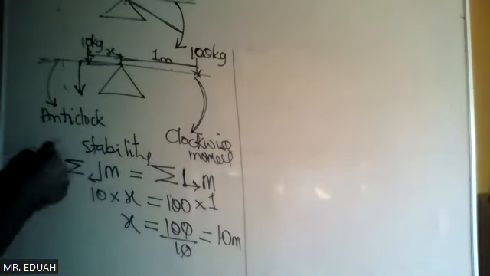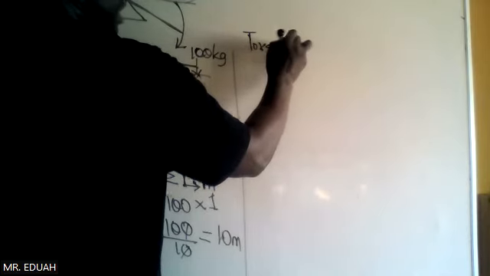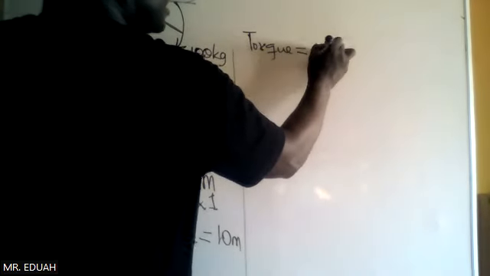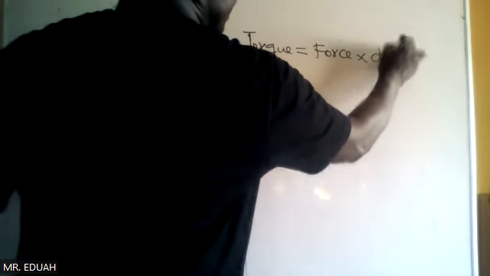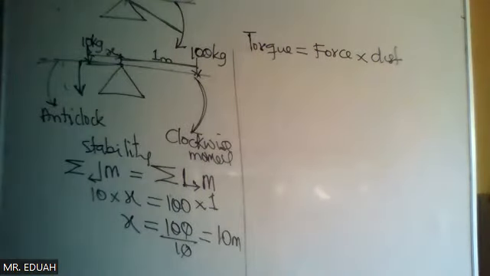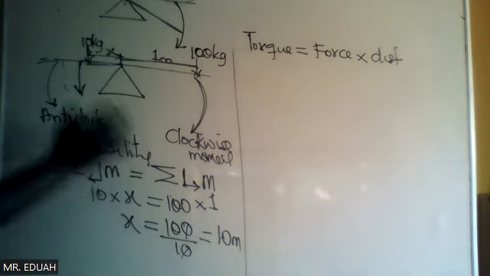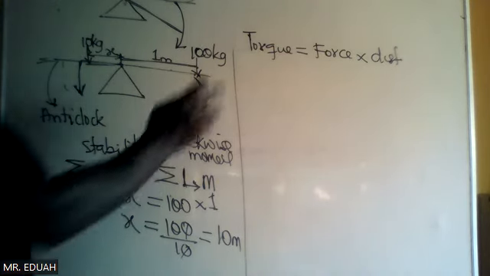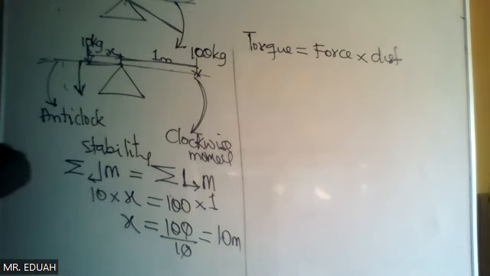Now in calculation of moments, moment or torque is equal to the force times the perpendicular distance. Because for stability, we equate the sum of clockwise moments to the sum of anti-clockwise moments.